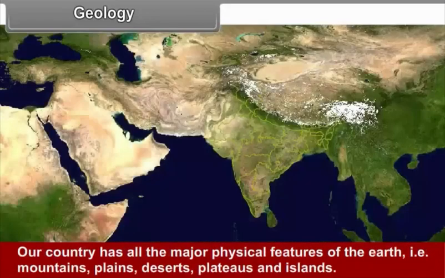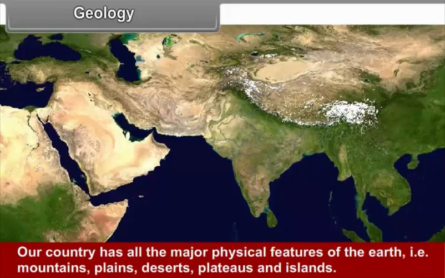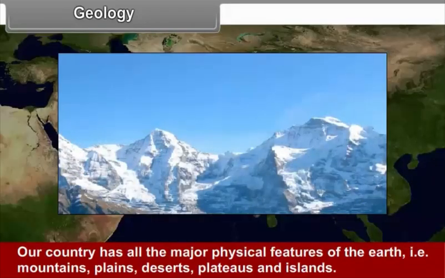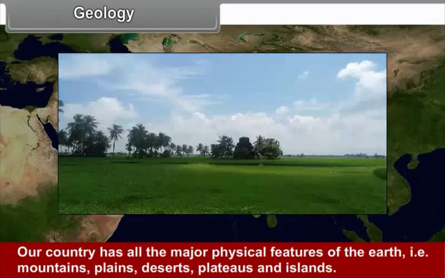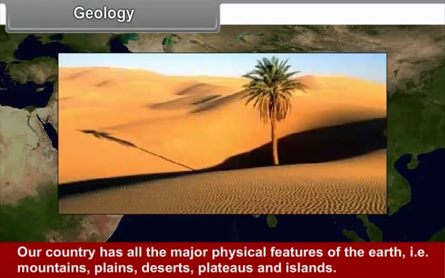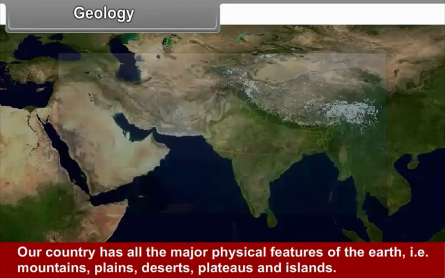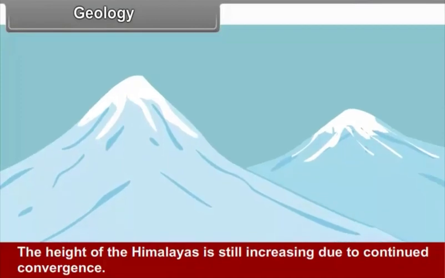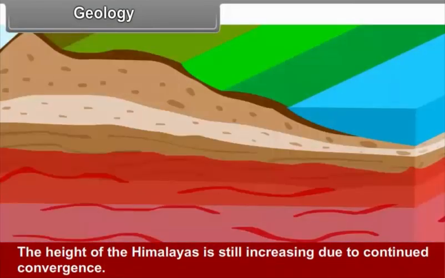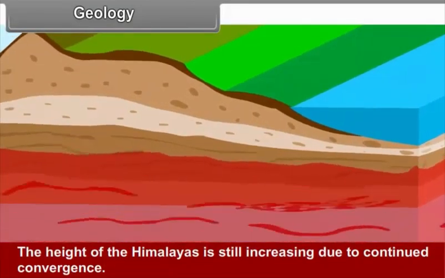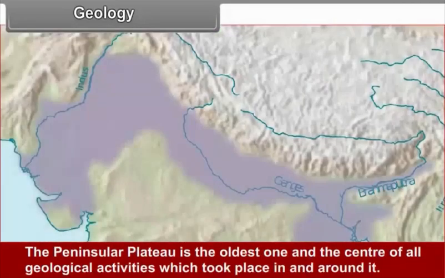its present form. Our country has all the major physical features of the earth, that is, mountains, plains, deserts, plateaus, and islands. The height of the Himalayas is still increasing due to continued convergence.